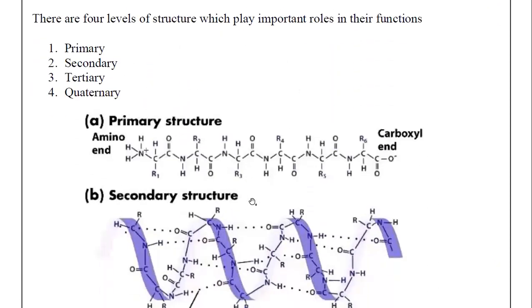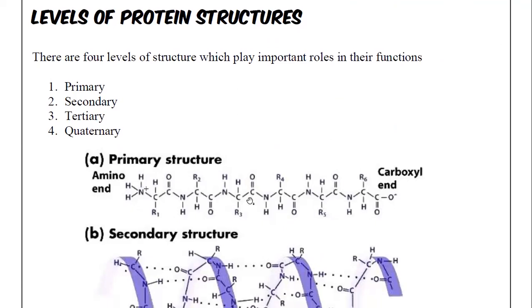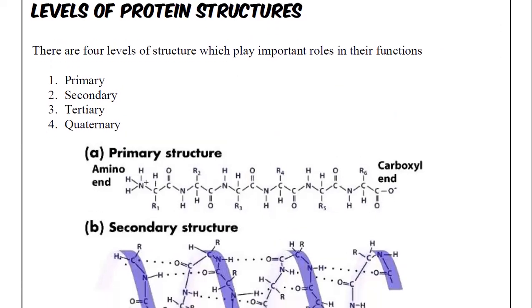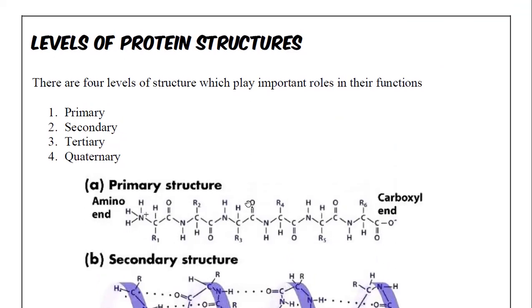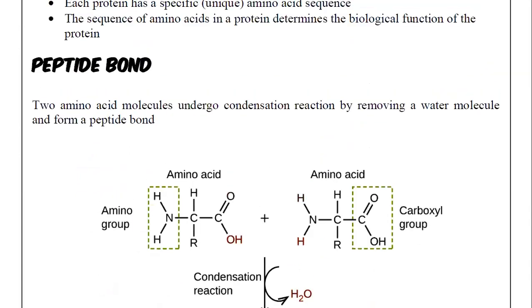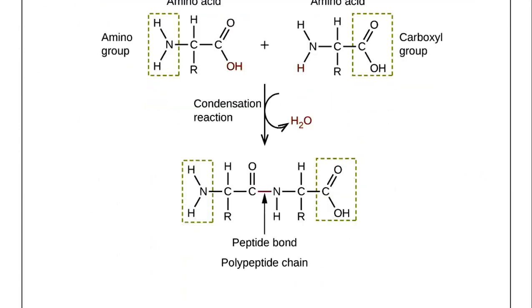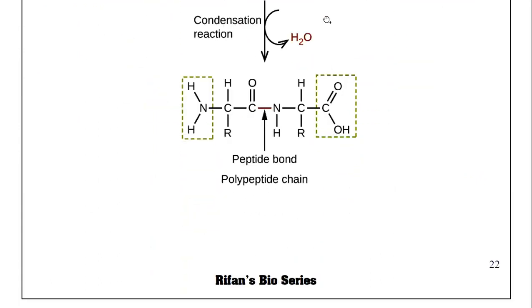Right. So what is our next heading? Levels of protein structure. Okay, there are four levels in the protein structure. All are polypeptide chains. Protein means a polypeptide chain. Protein is a polypeptide chain.